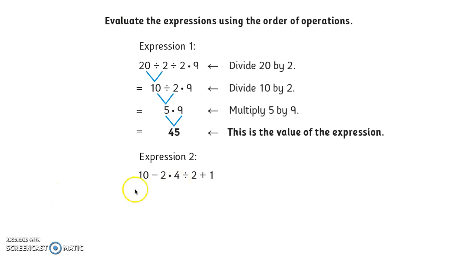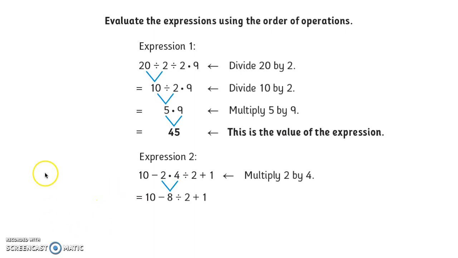And we multiply or divide from left to right. So we're going to multiply 2 and 4, which we get 8. We're going to rewrite 10, subtract 8, divided by 2, and we add 1.